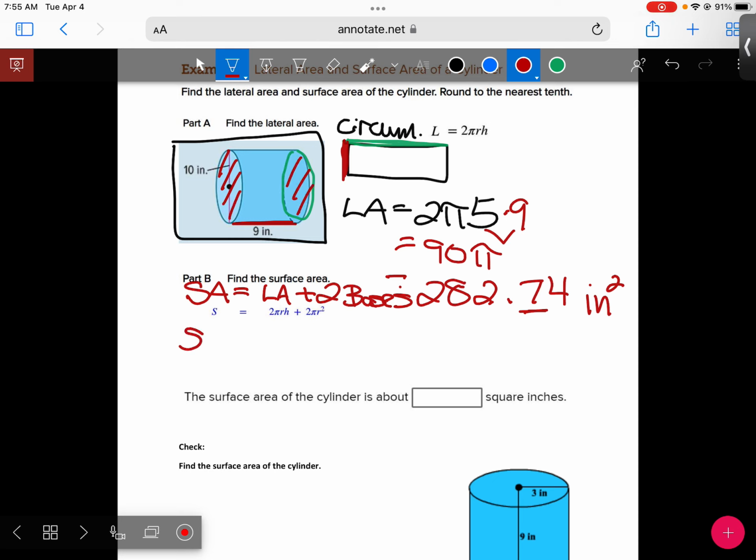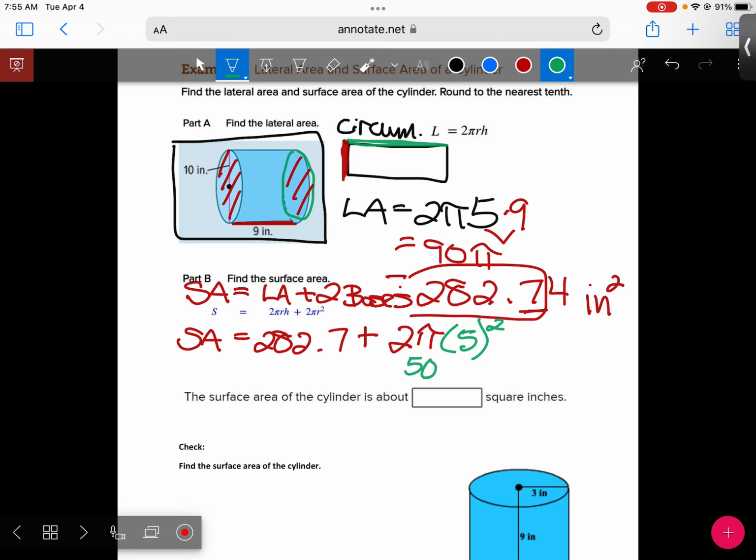So surface area equals my lateral area, 282.7, plus the area of 2 circles, which is pi r, we said r was 5, and then squared. Okay, what is 5 squared? 25 times 2 is going to be 50 pi.